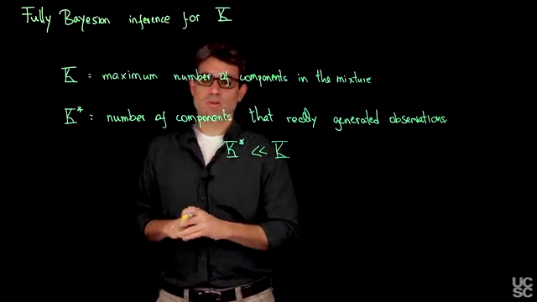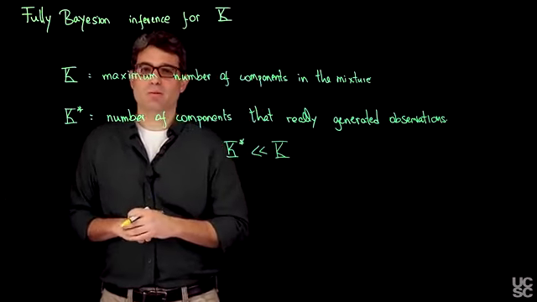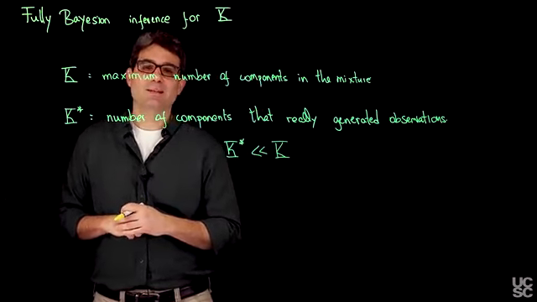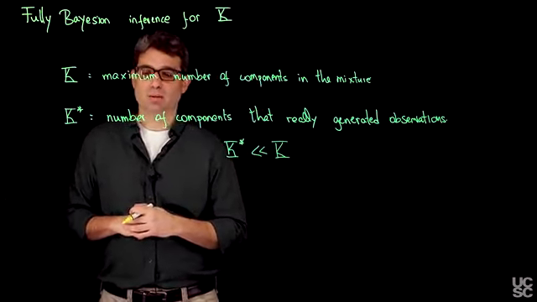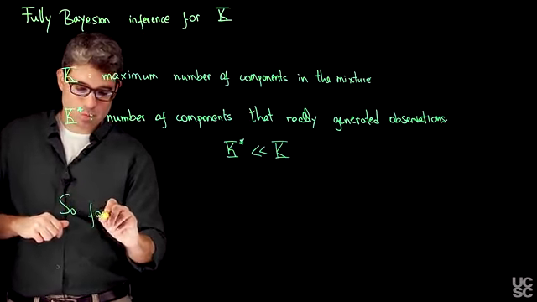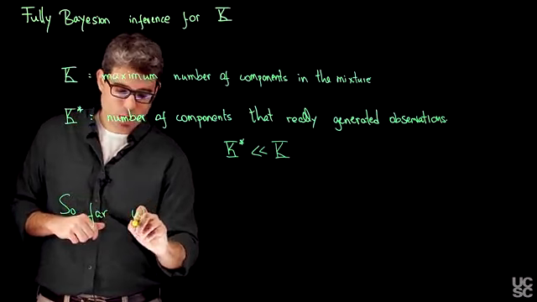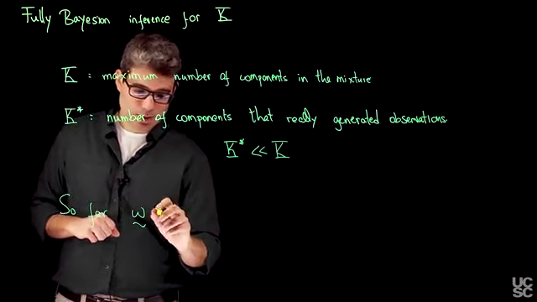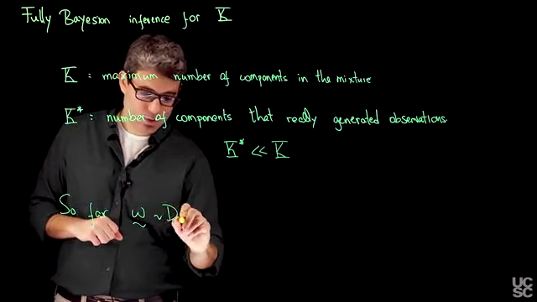Now, to do this successfully, we need to be a little bit careful about how we elicit the prior distribution for the data. Remember that so far, we have been using a prior for omega that is a Dirichlet.